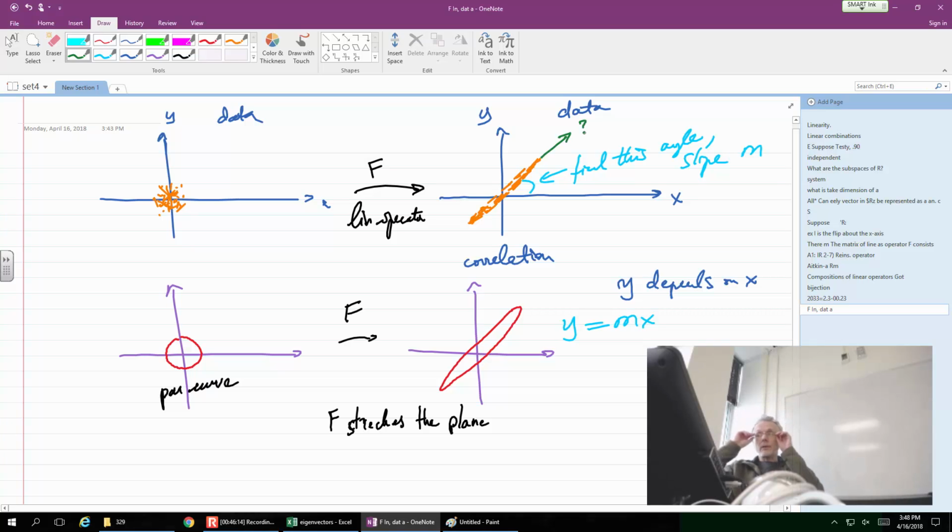If you find that direction, that gives you the relation if you ignore the width of that cloud. That's exactly what we're after. If there is a linear operator, we want to understand how to discover in which direction there is a stretch and to what degree. So it stretches the plane in two directions.